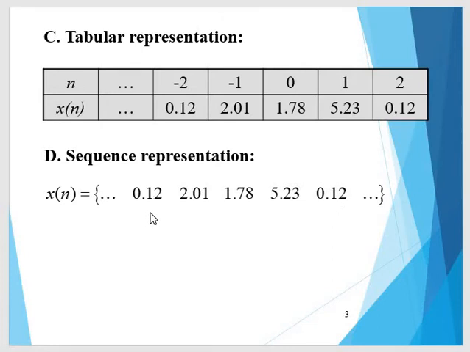That means it is my n equals 0 position, then n equals 1, n equals 2, n equals 3, n equals 4. But if I place the arrow anywhere else, maybe I am placing my arrow here, that means this is the 0th position. n equals 0 arises here.